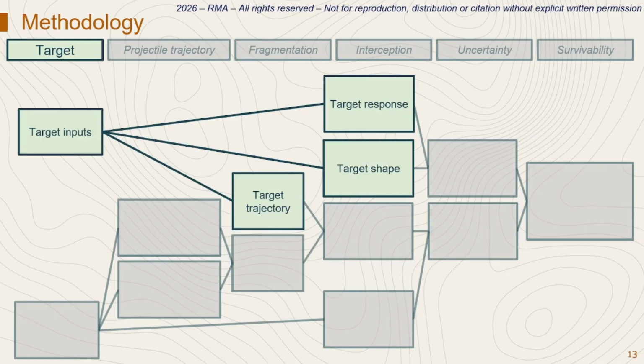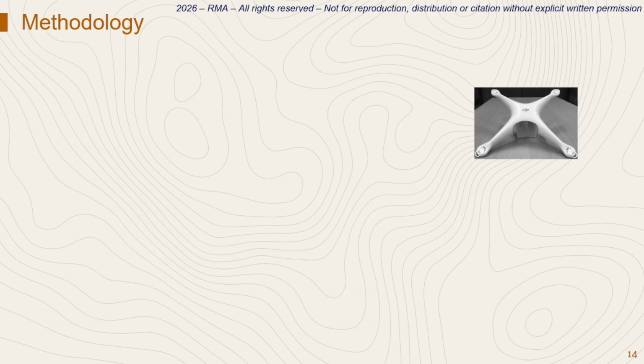Then onto the response of the target, what happens when the projectile arrives at the target. There we primarily looked at the primary component, so to speak, that a projectile would encounter, which is the shell. And of most commercial drones, the shell is made out of a certain type of plastic. Now, if you look at the shape, you notice that it has been optimized for material use.